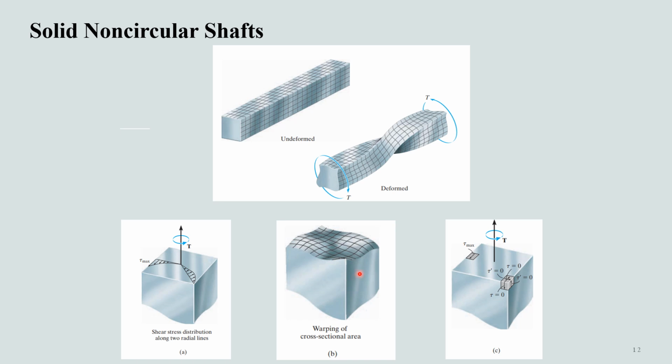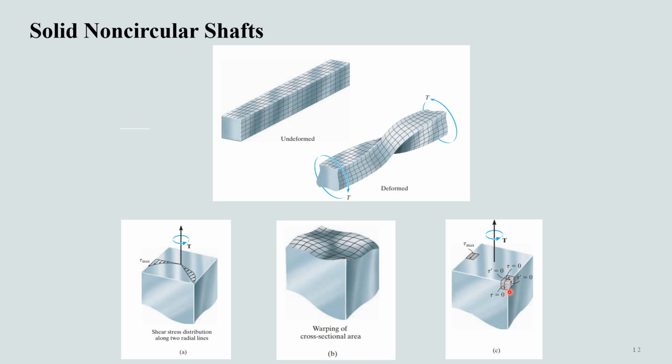In particular, it can be noticed that the corner points of the shaft must be subjected to zero shear stress and therefore zero shear strain. The reason for this can be shown by considering an element of material located at one of these points. Here we are just considering the material located at this point.